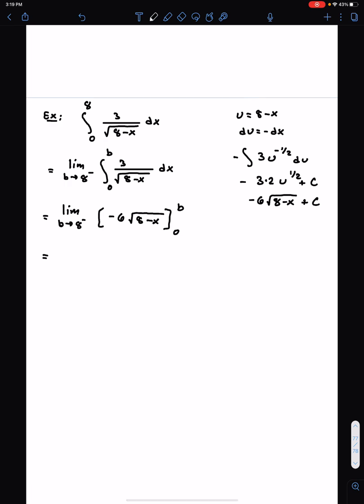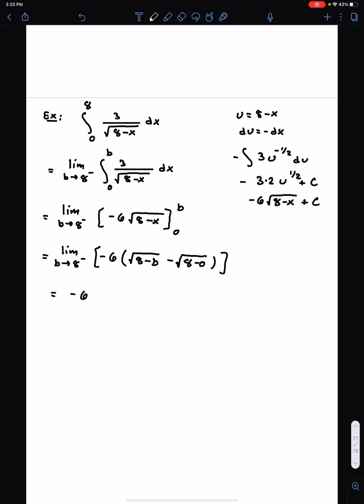So if I plug in b, and if I plug in 0, and if I take a limit as b approaches 8 from the left of -6 times the square root of 8 minus b, minus -6 times the square root of 8 minus 0.